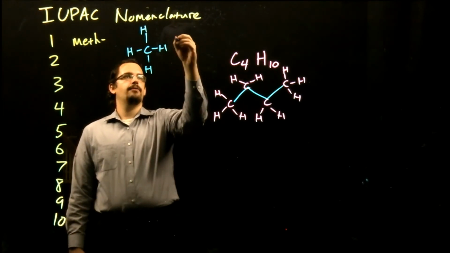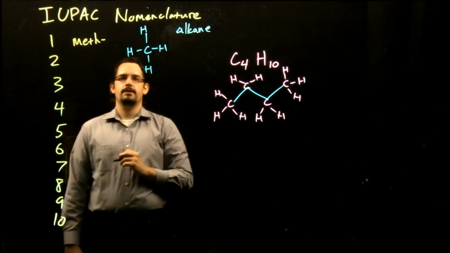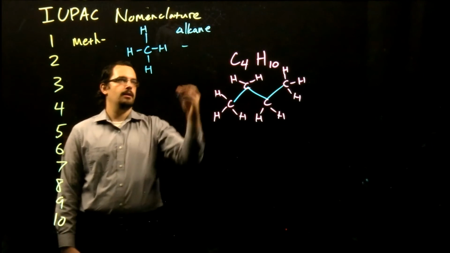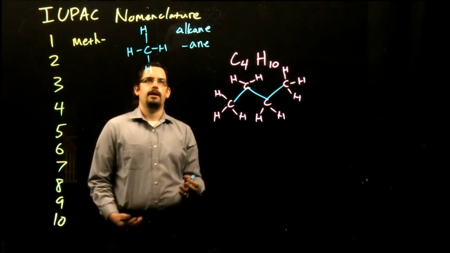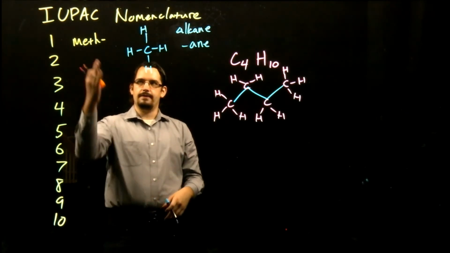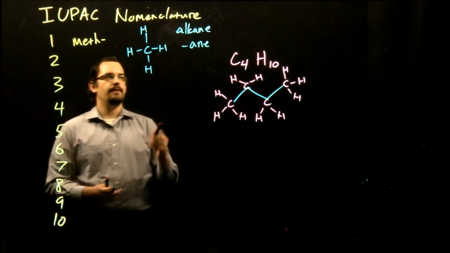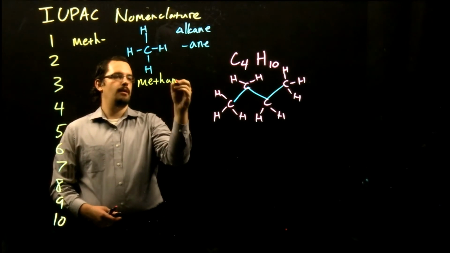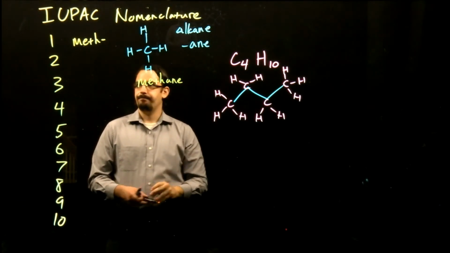So since we have an alkane, we're going to use a portion of our alkane name to indicate that this is indeed an alkane. We use that ane ending from our alkane, and that meth prefix from our IUPAC nomenclature. We combine these together, and we get methane. So a 1-carbon alkane is methane.